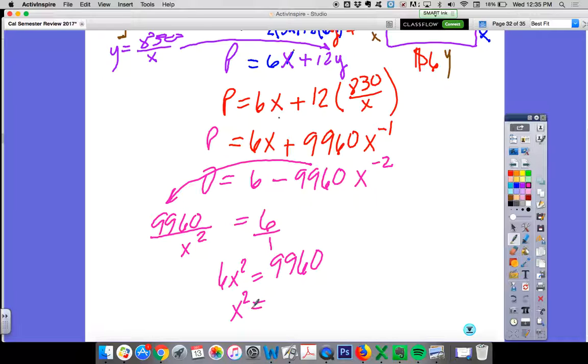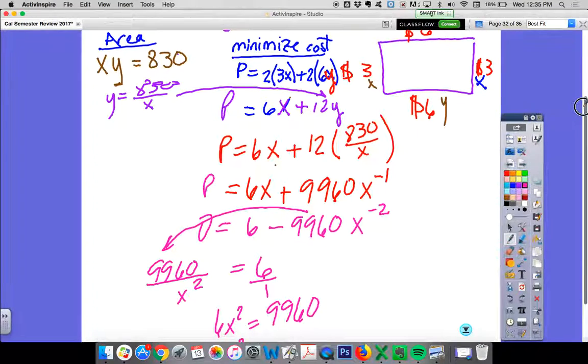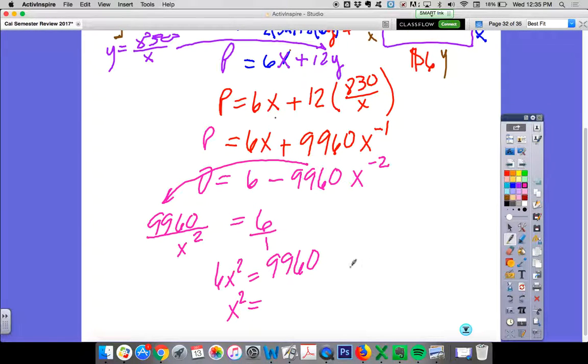I don't know where my paper is to check. So that would be, yeah, what is that divided by 6? 1660. Okay, can you do the square root of that?